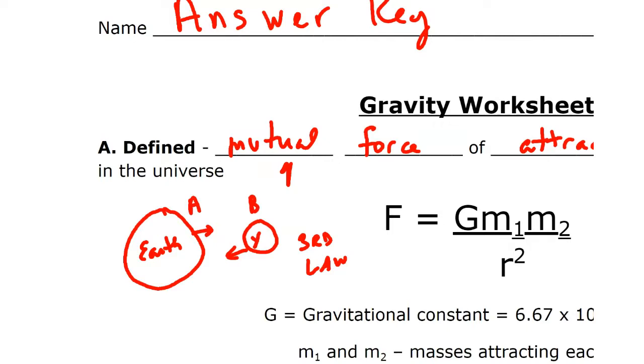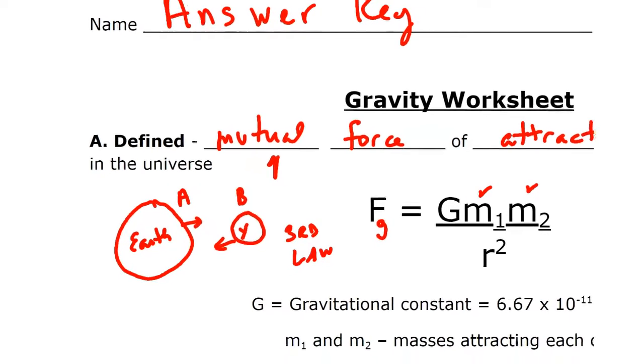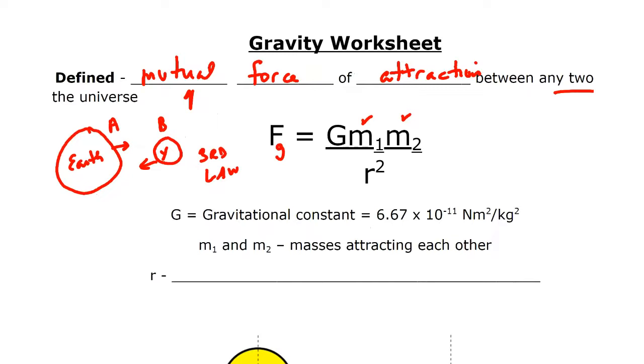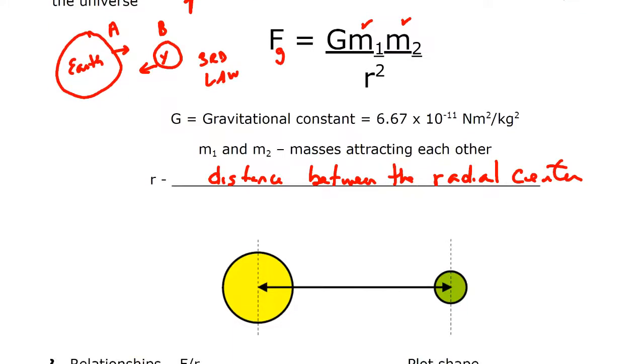Here's the equation. The force of gravity depends upon the product of the two masses involved and the distance separating them. R is the distance between the radial centers. So what does that mean? Here's R. Two bodies, maybe it's the Earth and the Moon.